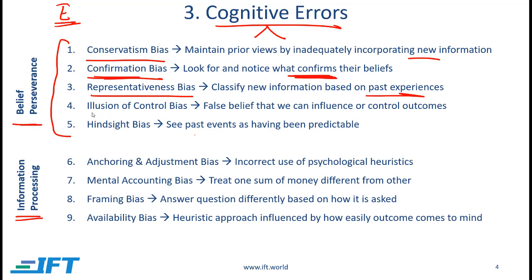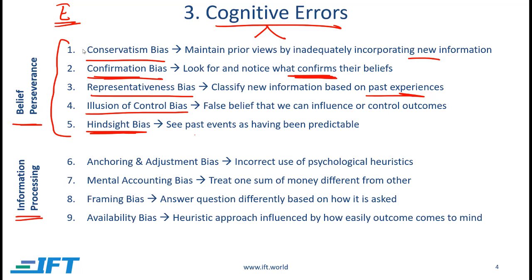Then we have the illusion of control bias. This is the false belief that we can influence or control outcomes. And the fifth and final type of belief perseverance bias is the hindsight bias, where we see past events as having been predictable. So these are the 5 belief perseverance biases, and you can remember this as follows.